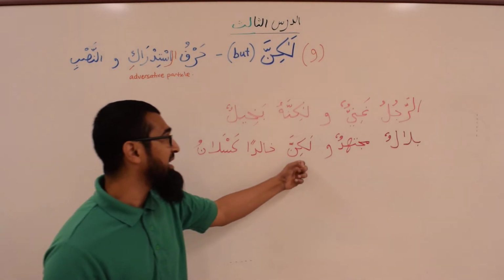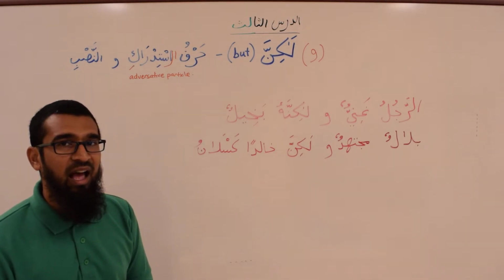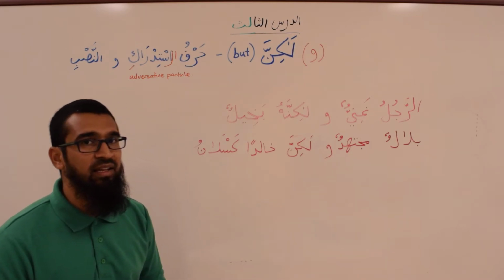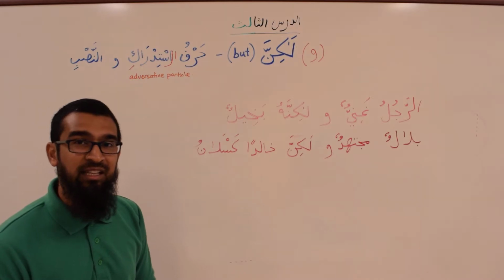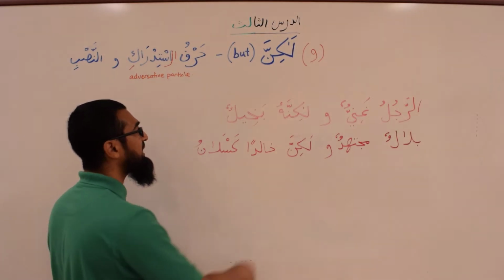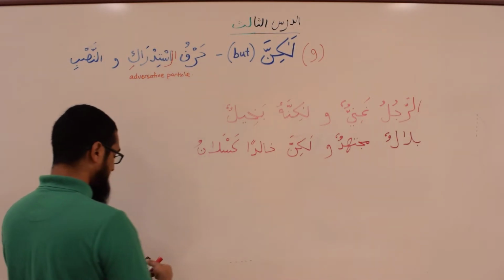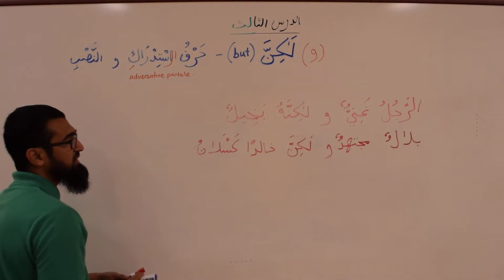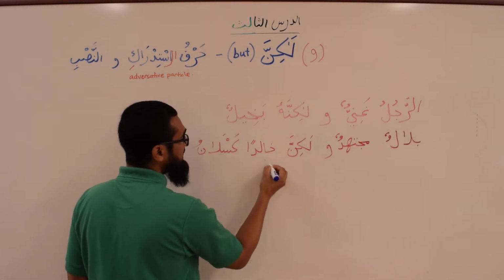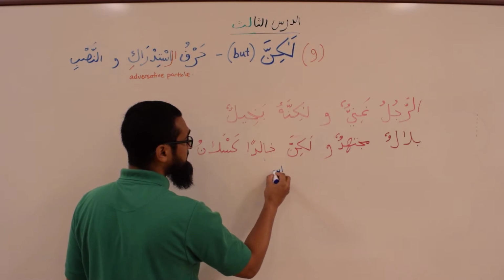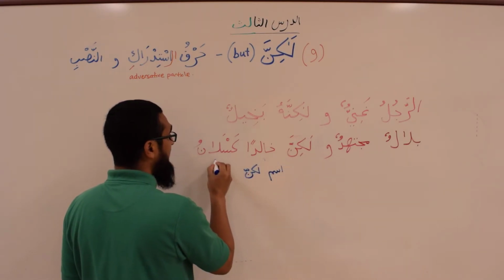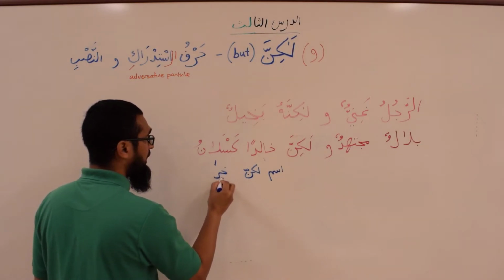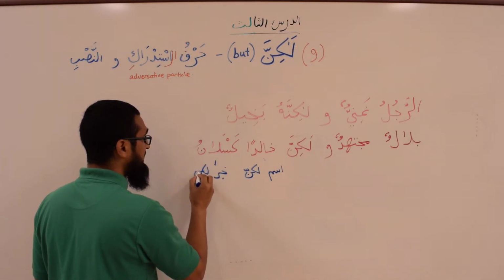But you use lakinna because the listener has to be alerted that this is not the way you expect the second statement to be. وَلَكِنَّ خَالِدًا كَسْلًا. Here we would say that Khalidan is ism lakinna, and Kaslanu is khabaru lakinna.